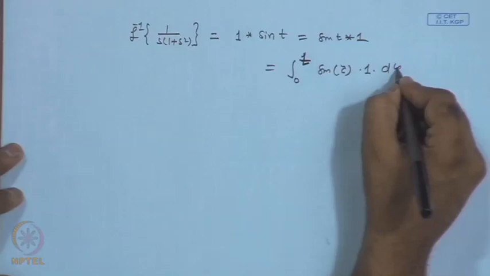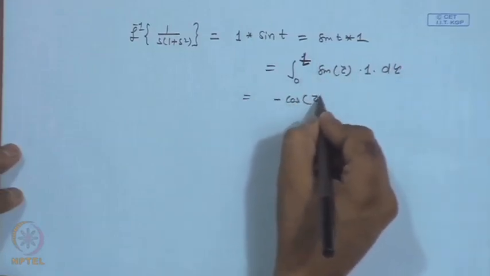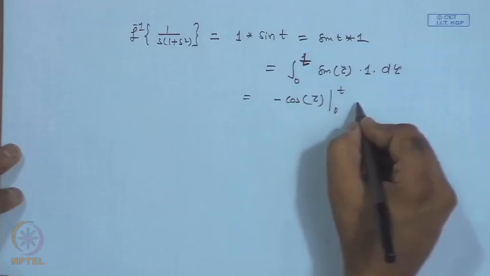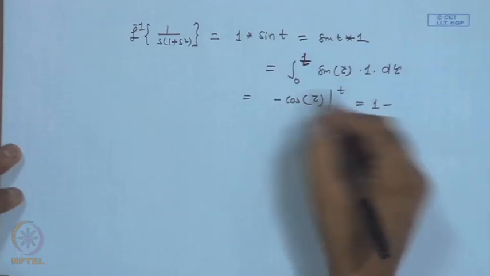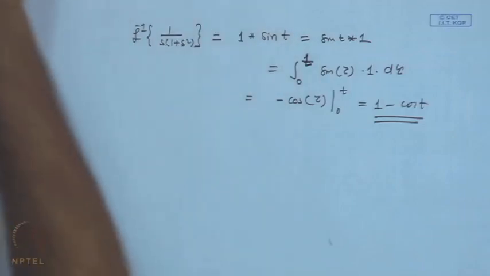So, we have d tau, and the integral of sin tau gives us minus cos tau from 0 to t. So, we have simply 1 minus cos t, the same value that we obtained there.